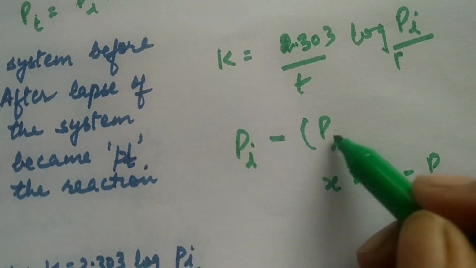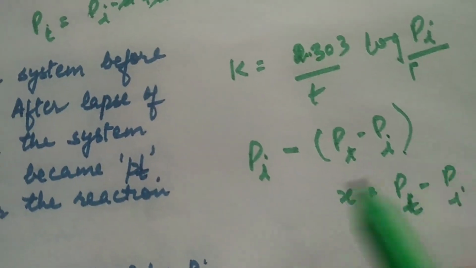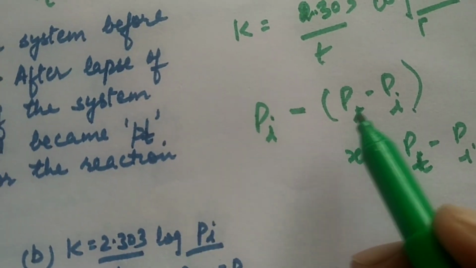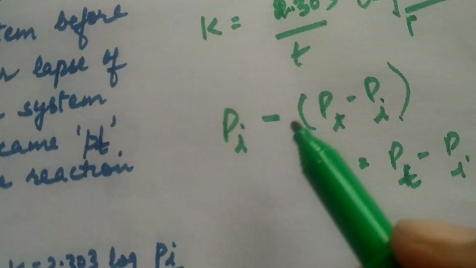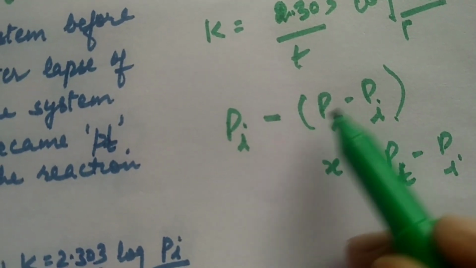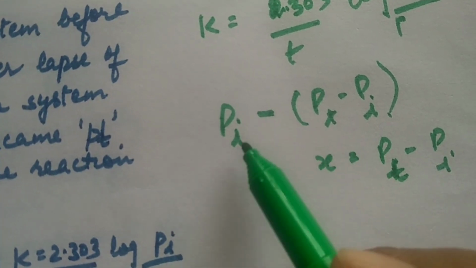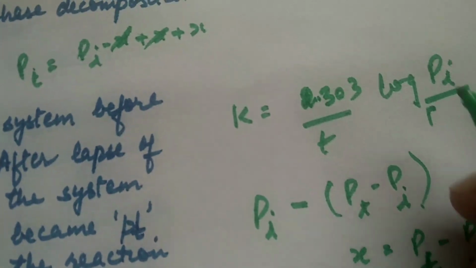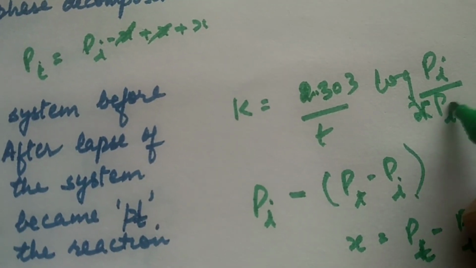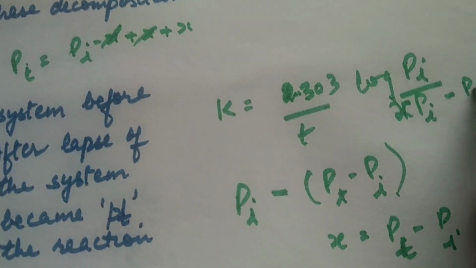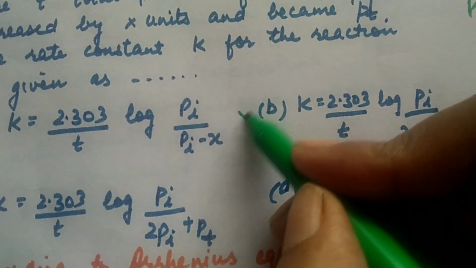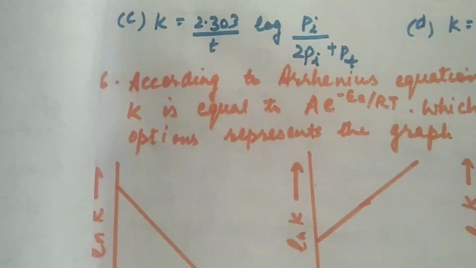Let's put this in brackets: Pi minus (Pt minus Pi). On opening the bracket, negative and negative becomes positive, so we get Pi plus Pi minus Pt, that is 2Pi minus Pt. So option 2Pi minus Pt, option B, is the correct answer.